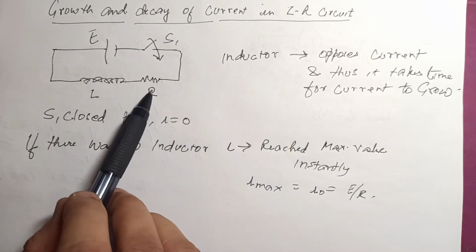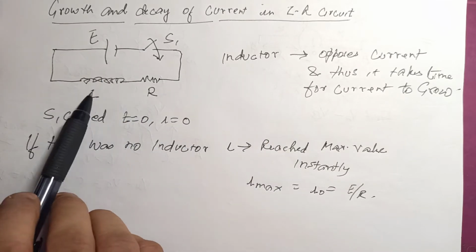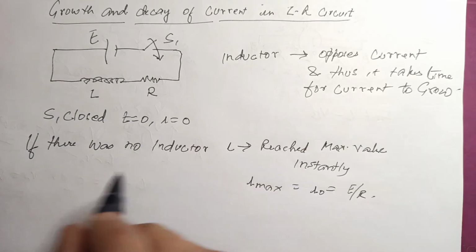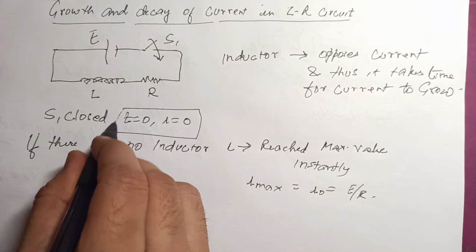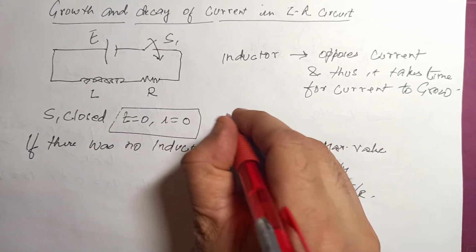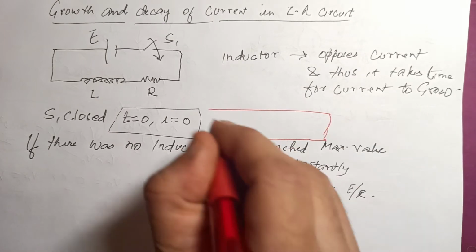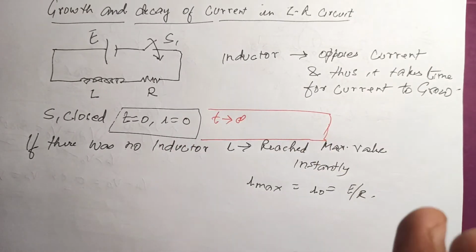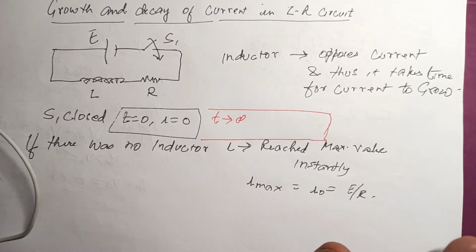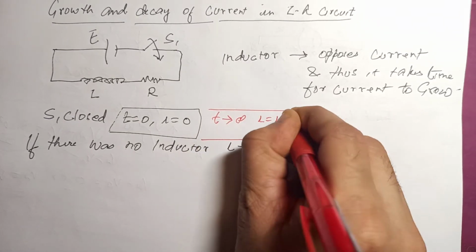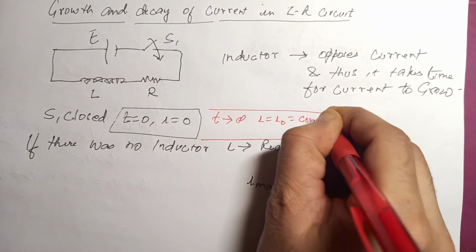Okay, now remember one more thing. Suppose it reaches steady state. The initial state which we are talking about is this. Now, if t is infinity, that means steady state, when there is a steady state, at that point I is equal to I naught and the current becomes constant.